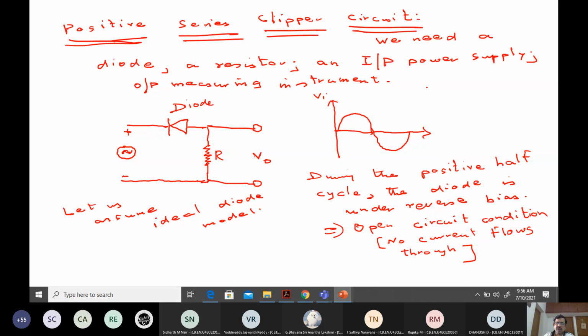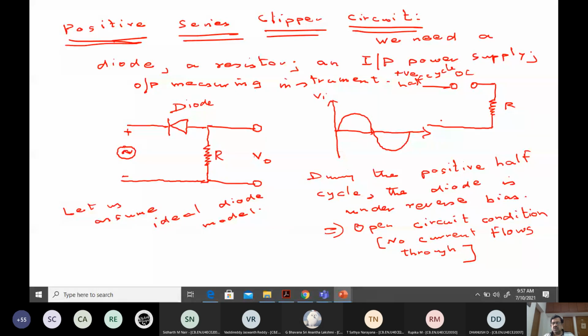The equivalent circuit can be drawn like this. This is the open circuit condition during the positive half cycle. There is no current flowing through.